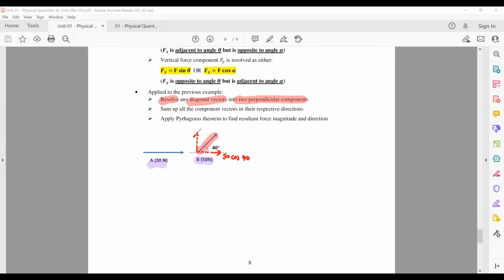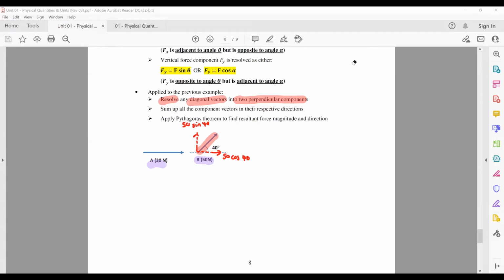Whereas the vertical one, if you try to shift it around to complete a triangle, you will notice that this arrow shifted to this side will actually be opposite to the angle. So this one should actually be 50 sine 40. So you have now resolved the vector to the components.